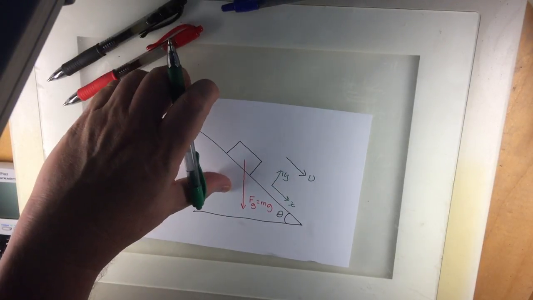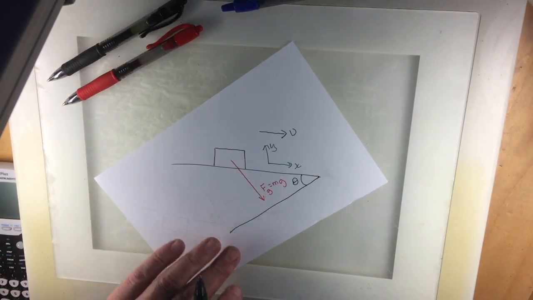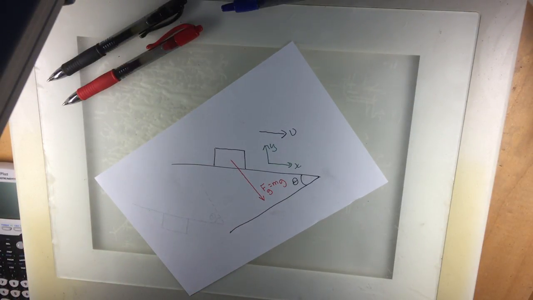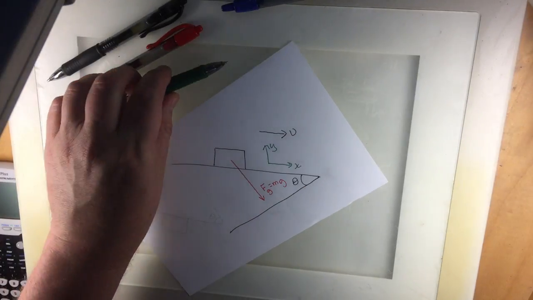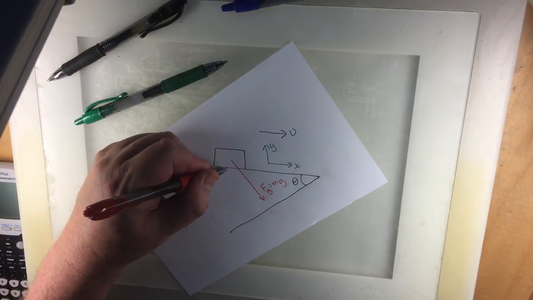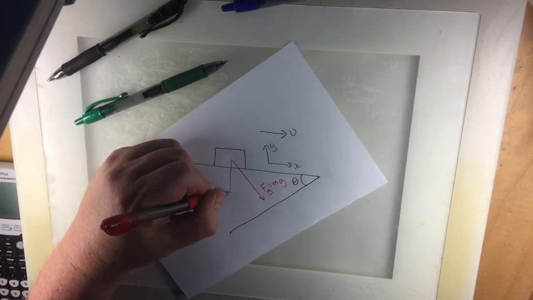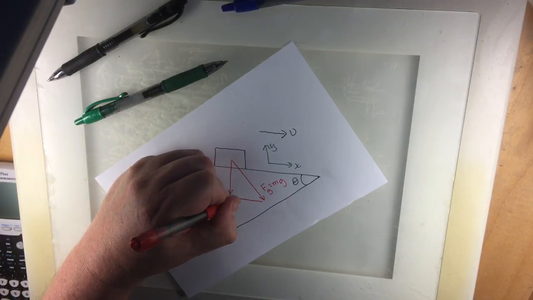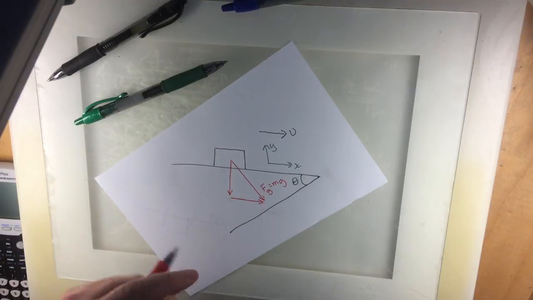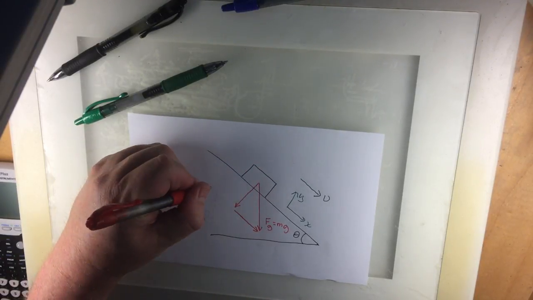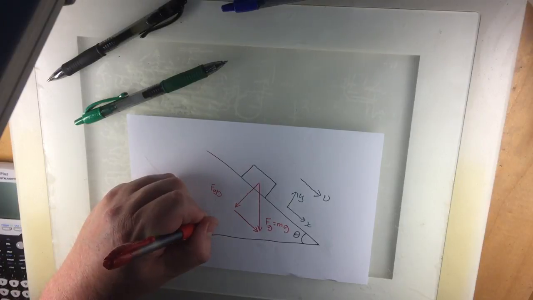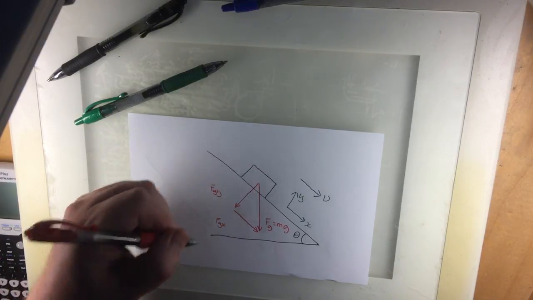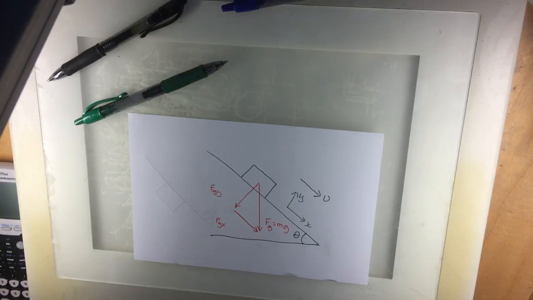if you were to look at the mass in its reference frame, the x and the y would appear to be the normal horizontal and vertical. What we have to do is break the force of gravity down into its y component and x component. Now, there's a whole bunch of geometry reasons.